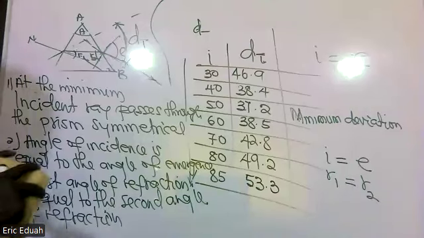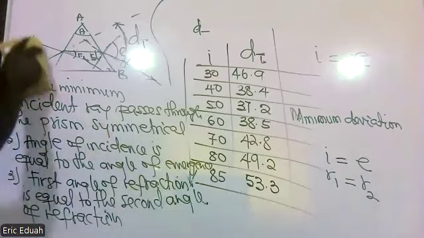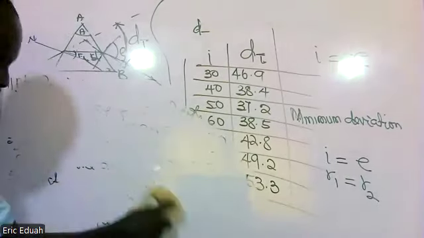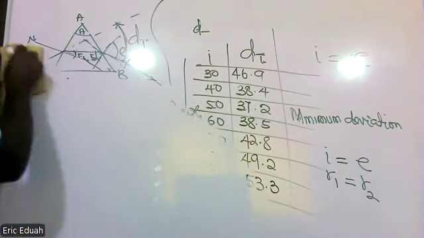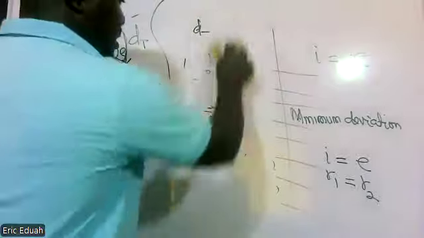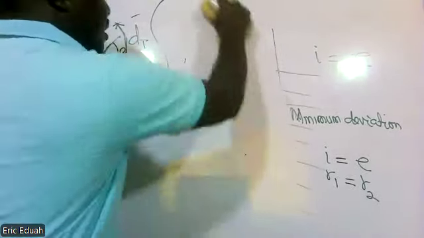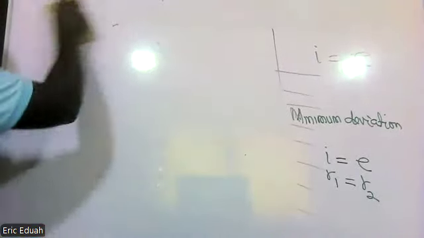And so we use this to draw a graph. We plotted a graph of deviation against the angle of incidence.